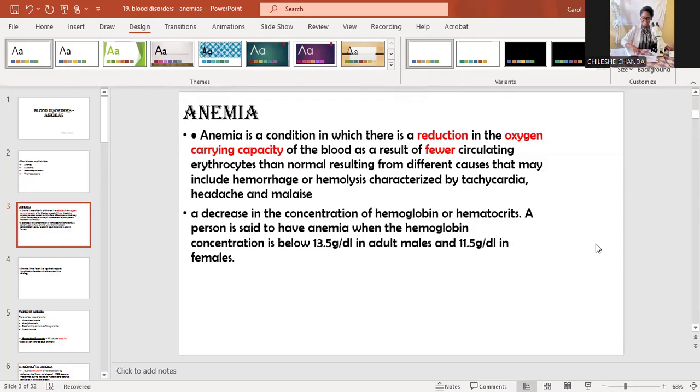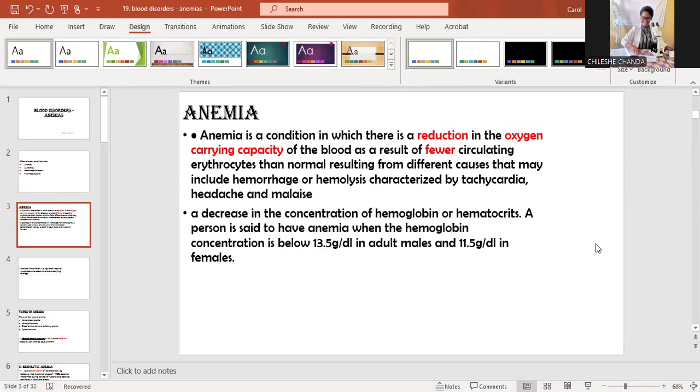Now, what is anemia? Anemia is a condition in which there is a reduction in the oxygen carrying capacity of the blood as a result of fewer circulating erythrocytes. We should know at this point that erythrocytes are the ones responsible for attaching oxygen.